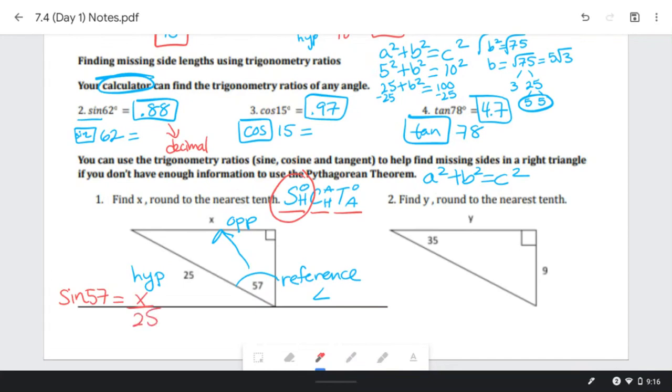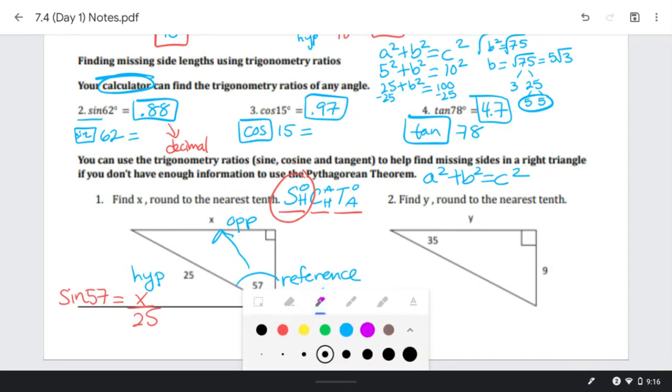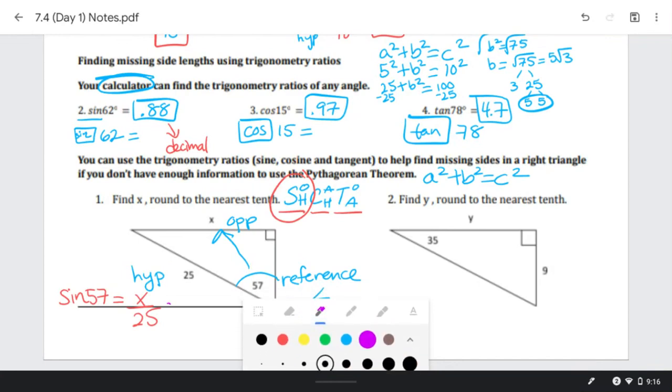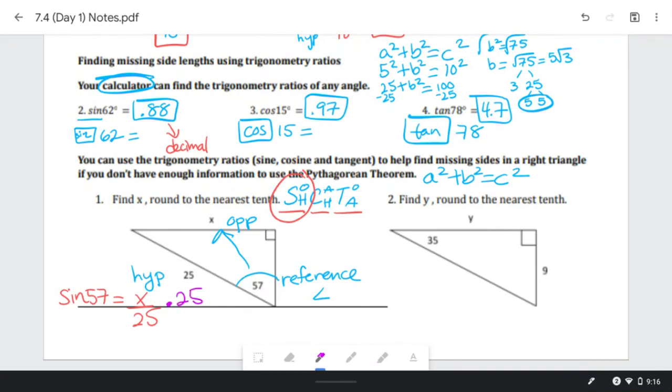And we're going to be able to solve for X. So what we're going to do is multiply both sides by 25. And then on the right side, these cancel out because you've got 25 on the numerator and on the denominator. So I just get x. And x equals 25 times sine of 57.